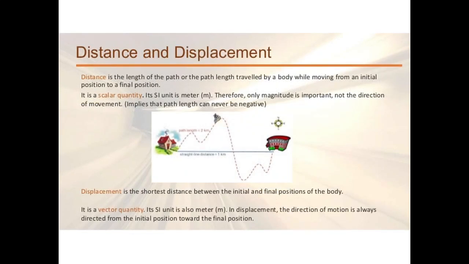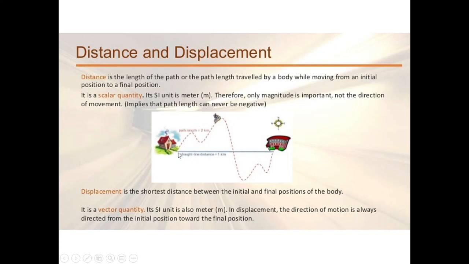Another one is now your distance and displacement. Now distance means the length of the path, or the path length, which is traveled by a body while moving from an initial position to a final position. Here you see, suppose this is the house of one person, this is the house of another person. Now the straight line which connects these two is the shortest distance between these two houses.